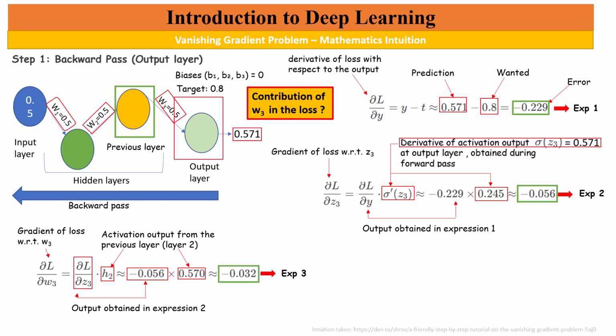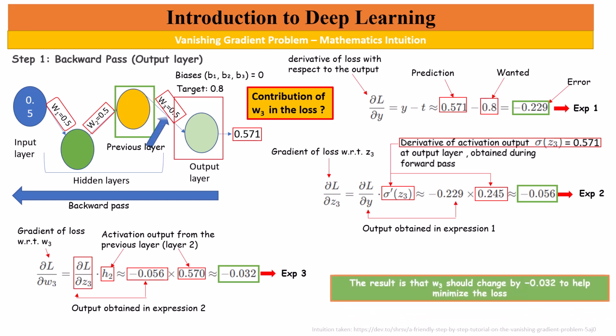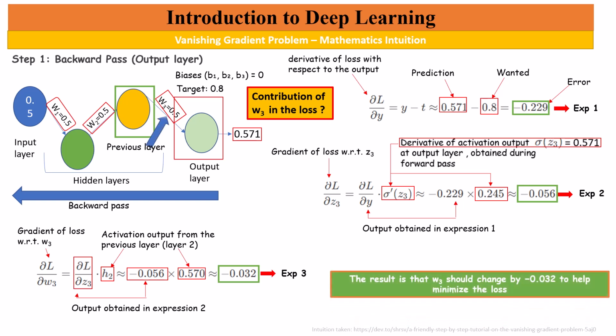In simpler terms, this tells us that to reduce the loss, we should adjust the weight W3 by approximately -0.032. These calculations illustrate how backpropagation systematically determines the appropriate updates for each parameter in the network based on the flow of gradients from the output layer backward through the network, ultimately enabling the model to learn.